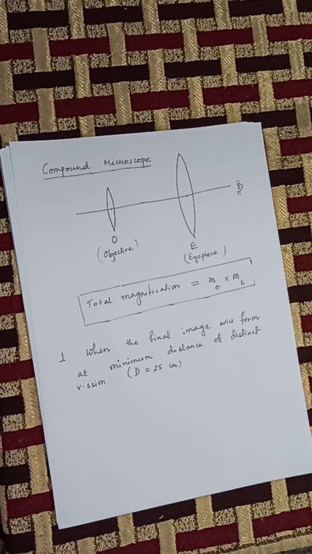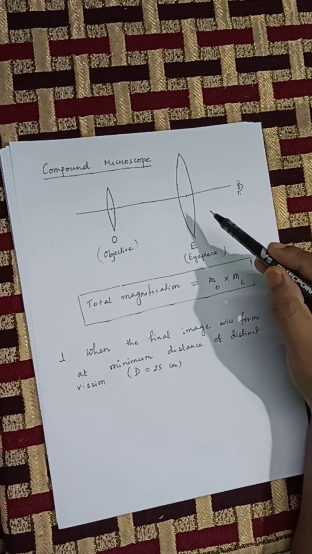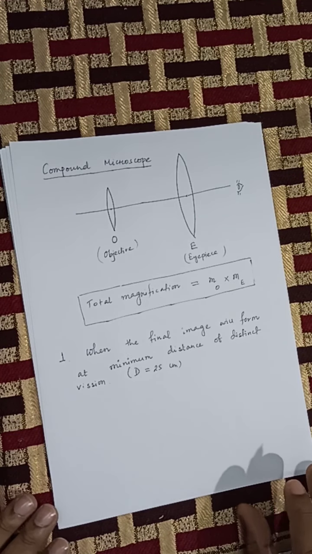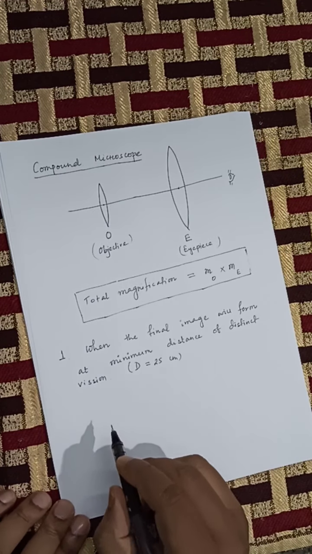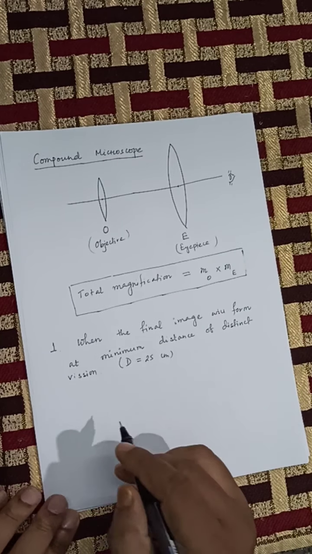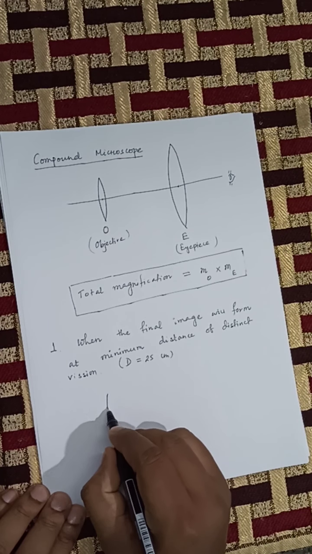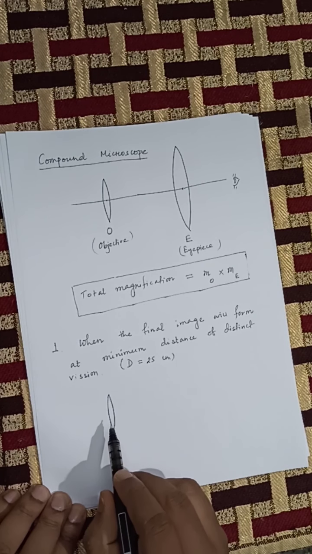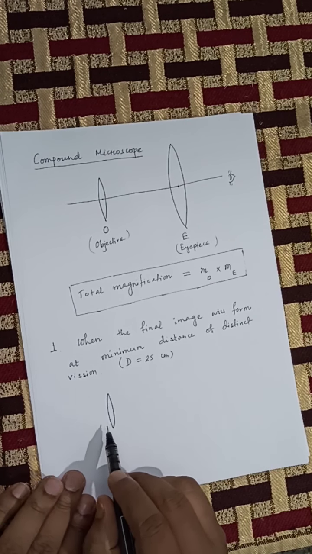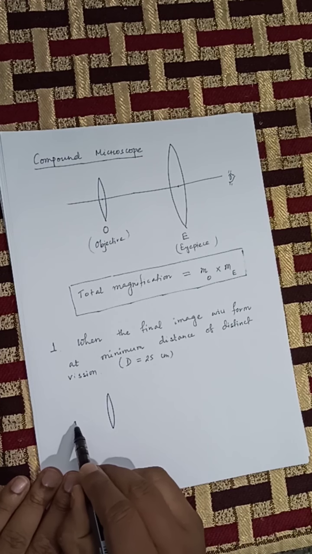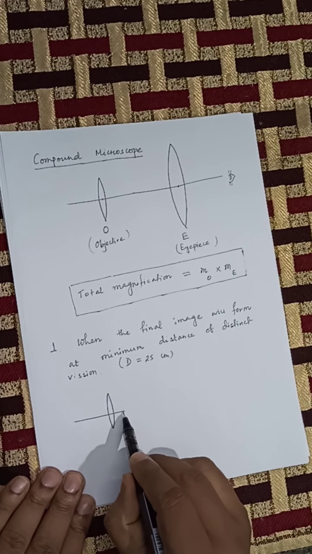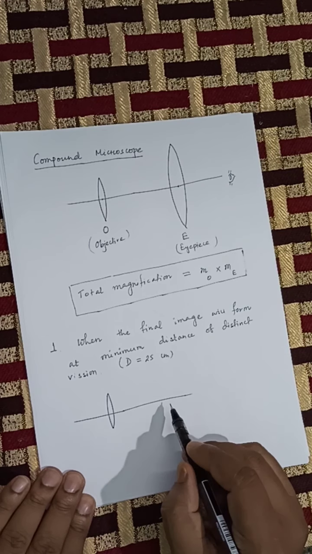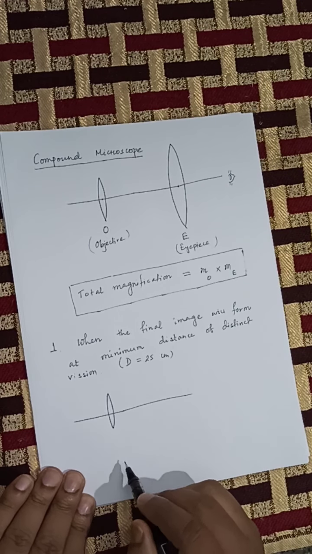Okay, then your image formation will be like this. So here this is the objective lens with small aperture, that is placed coaxially along with the eyepiece lens.